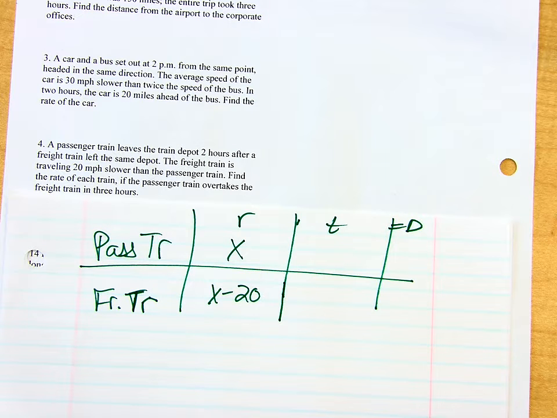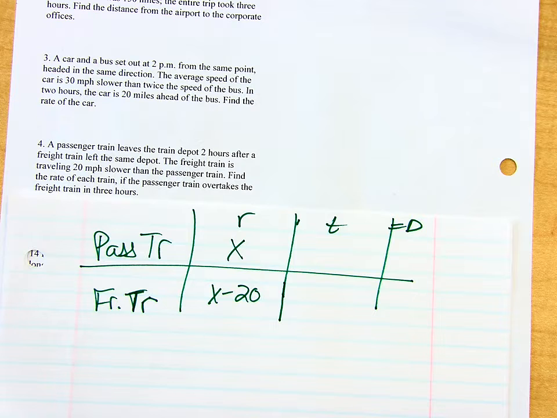All right, a passenger train leaves the train depot 2 hours after a freight train left. Okay, so the freight train, get this in our heads, what's going on here. I have a freight train that leaves. 2 hours later, the passenger train leaves, right? Then they travel for some length of time, and then at the end it says, find the rate of each train if the passenger train overtakes the freight train in 3 hours.